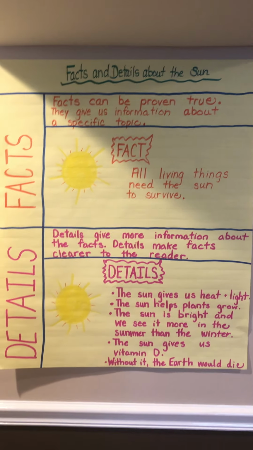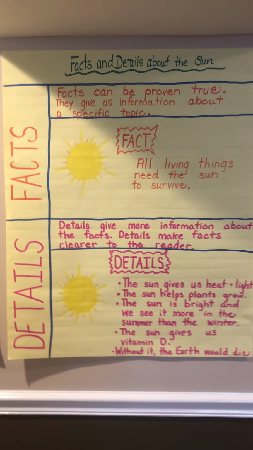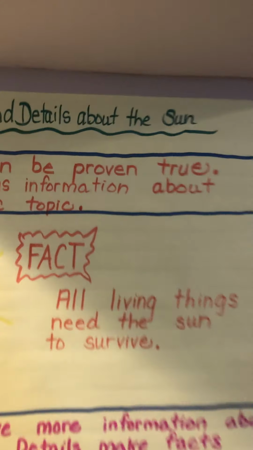It wouldn't be good. So that's the fact I chose to include and the details. So in a minute, we're going to be reading a quick story about, guess what? About the sun. And I just thought it would be a nice follow-up after this little activity that we did about facts and details about the sun.